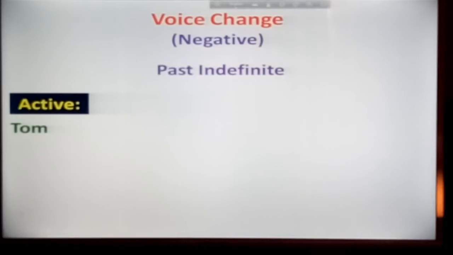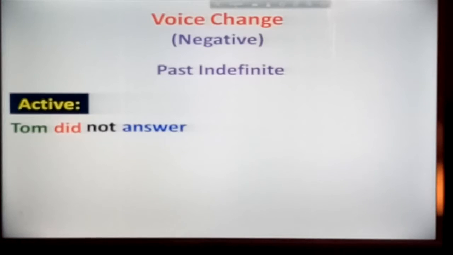Okay, in the past indefinite tense, in the active voice, after the subject we need an auxiliary, and by now you know that in the past indefinite tense the only auxiliary that can be used is this one, and after did we use not, the negative word, and after that the main verb again comes in its basic form.